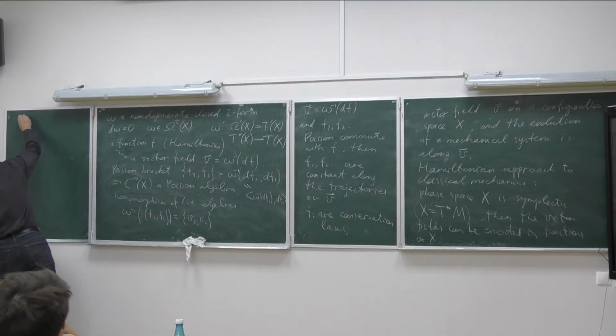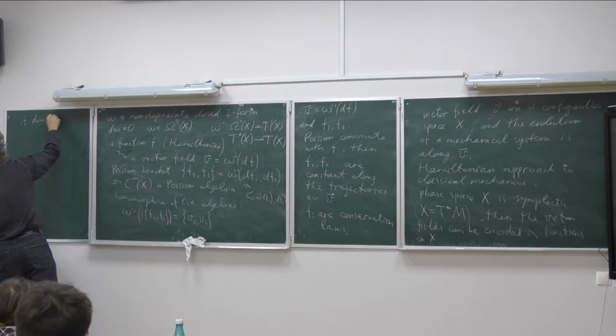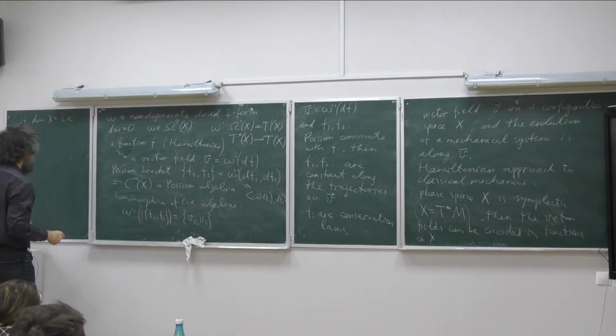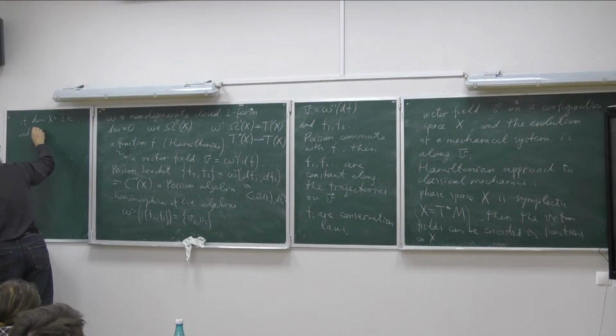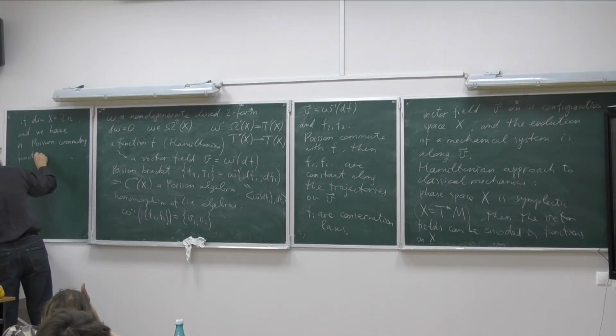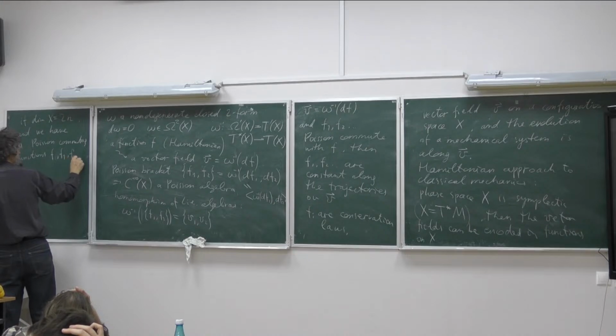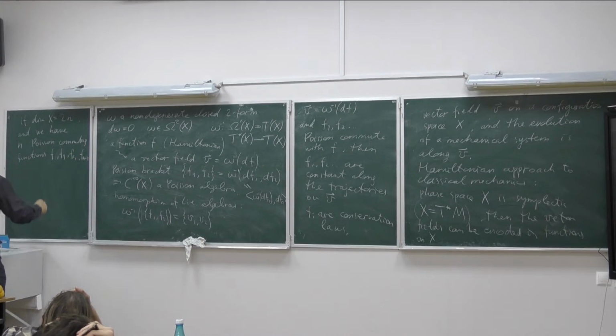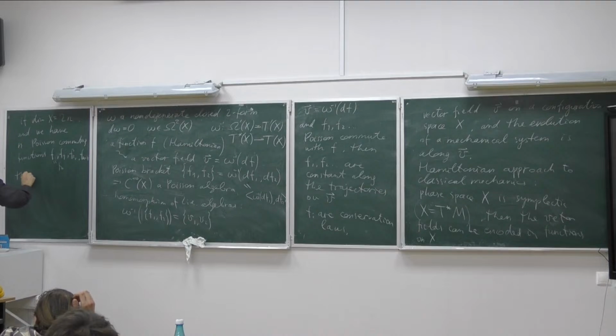So if the dimension of X, which must necessarily be even, is 2n, and we have n Poisson commuting functions f, f1, f2, and so on, fn minus 1 (maybe this f should be called f0), then it is called an integrable system.